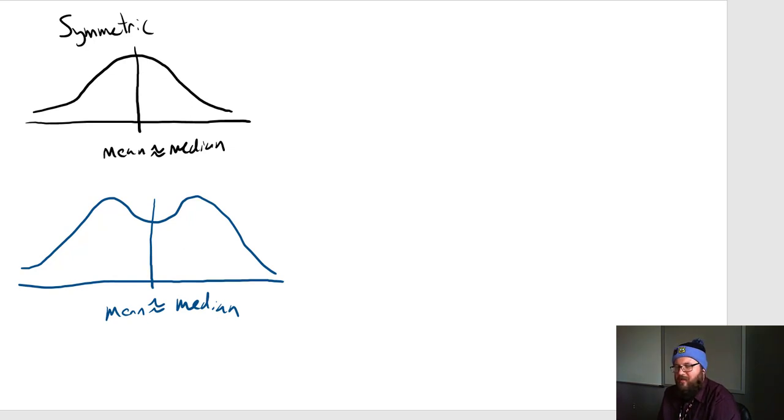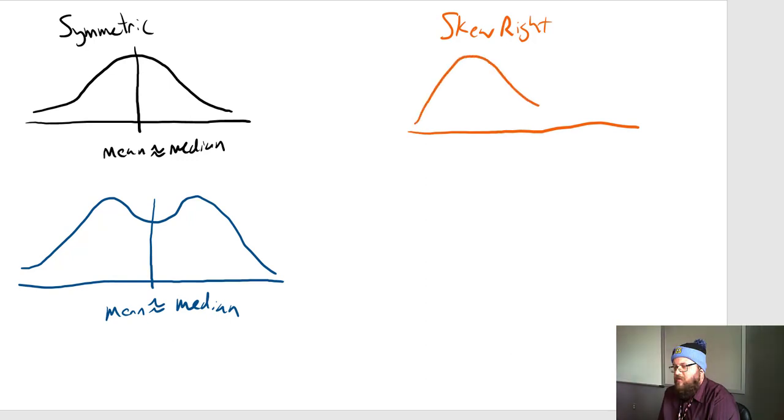Alright, and how it gets a little bit different is, let's say you have skewed right. So again, think about your right foot. So your right foot, you got a big toe, and it comes down and goes a little pinky toe, right? On this, with skewed right, your median is going to be less than your mean, right?